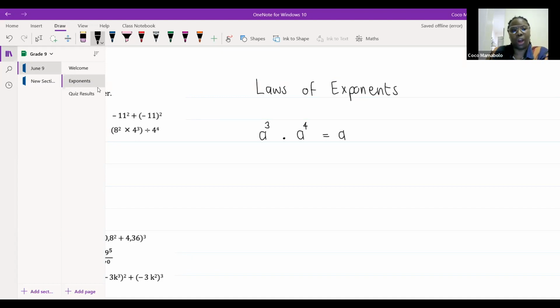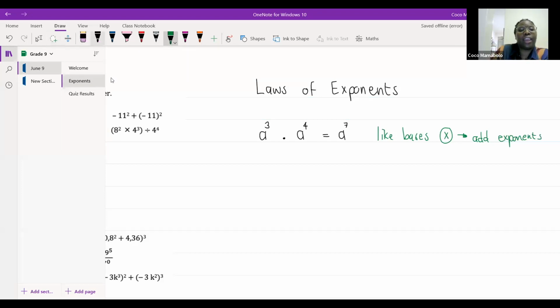Good, Adiba. Well done. It's going to be A to the power of 7. My exponent is going to be 7. This comes from the idea that if I have like bases being multiplied, I need to add my exponents.